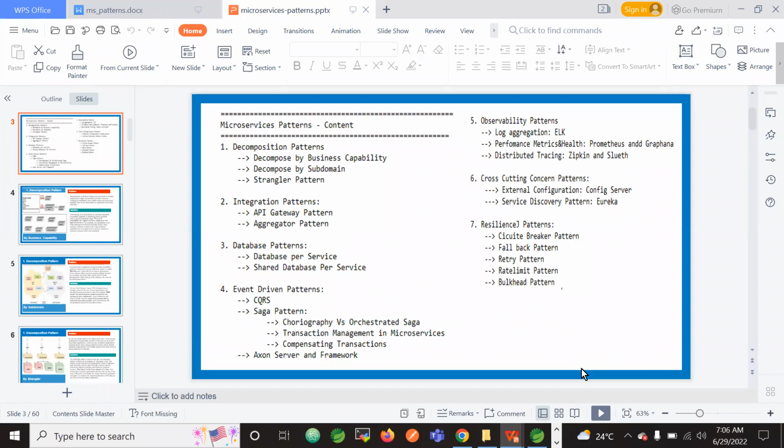Nowadays, interviewers are very interested in a candidate's knowledge or experience of microservices.